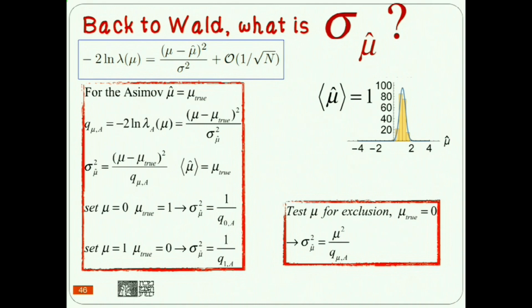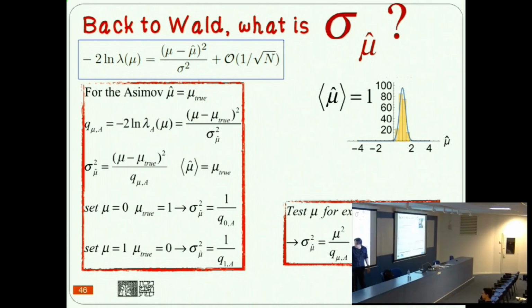If I test mu equals 0, the alternative mu true is 1, so sigma squared is 1 over q0 Asimov. If I test mu equals 1, then I want to know the distribution under the alternative, mu true equals 0. I get sigma squared is 1 over q1 Asimov. Because now mu true is 0, and mu is 1.